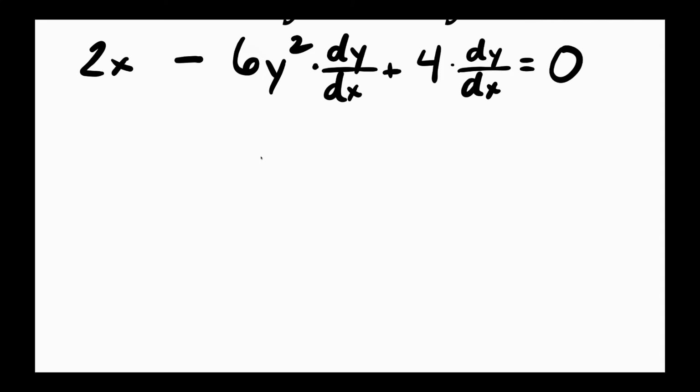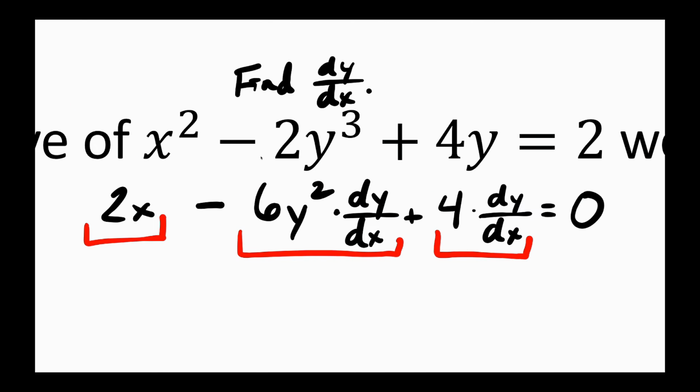How many dy over dx's do you see right now in front of you? 2. There you go. There's 2 separate ones. I have 3 terms. I have this term here, this term here, and this term here, and then zeros on the other side. I'm not worried about 0 because it's just 0 right now.